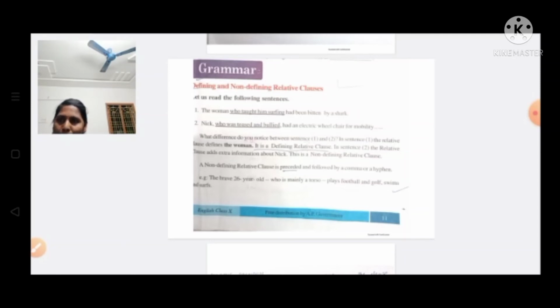An example: the brave 26-year-old, who is mainly a torso, plays football and golf, swims and surfs.